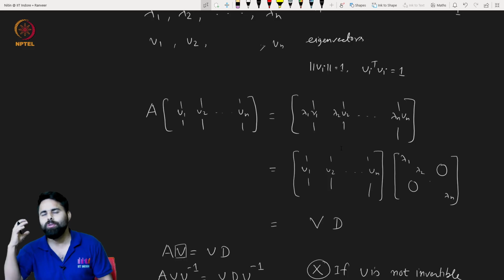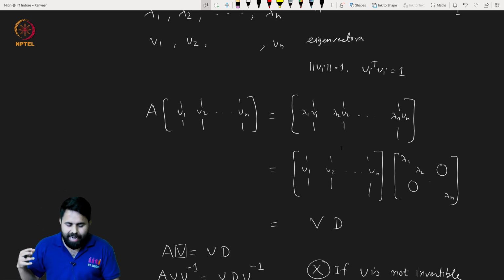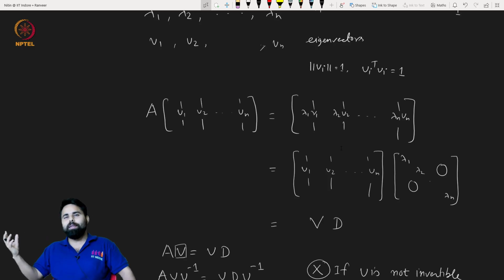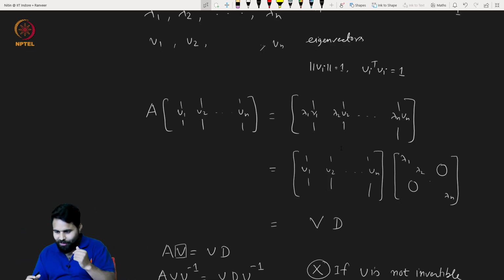Suppose I can choose these vectors to be orthonormal, then my job is much easier. But can this always happen? Can every matrix have a set of n eigenvectors which forms an orthogonal set?